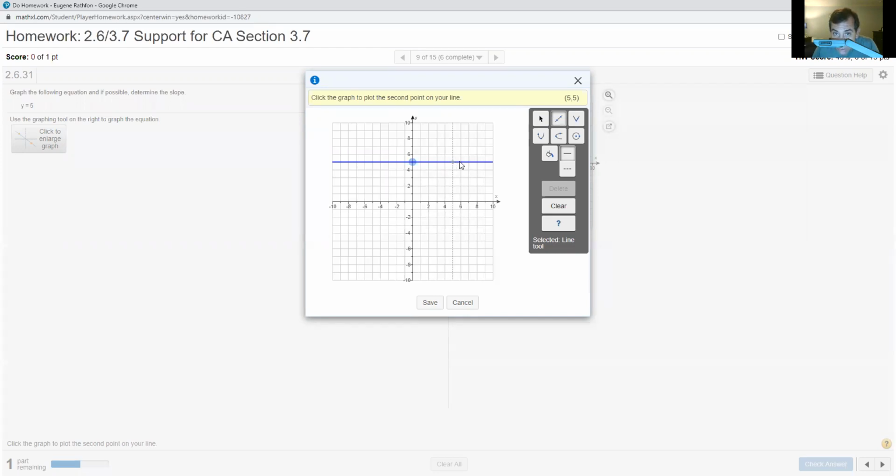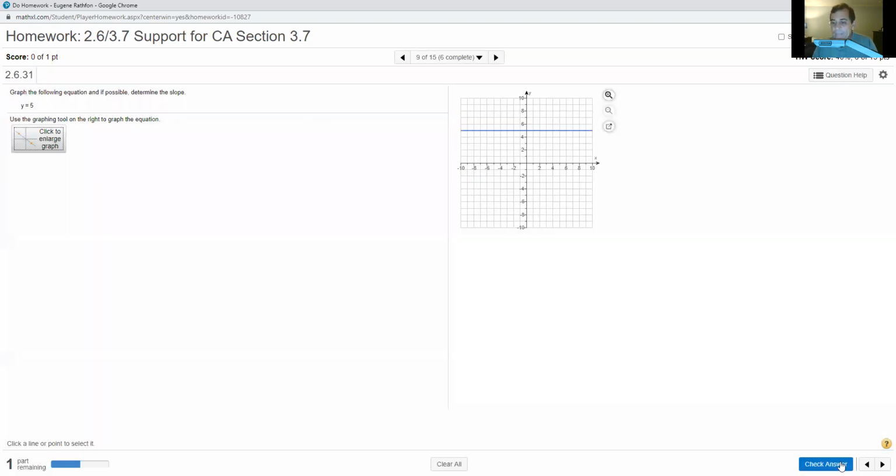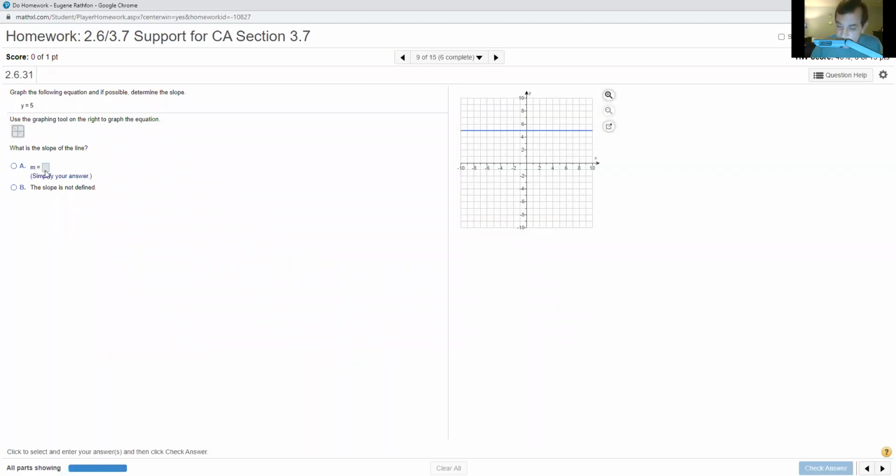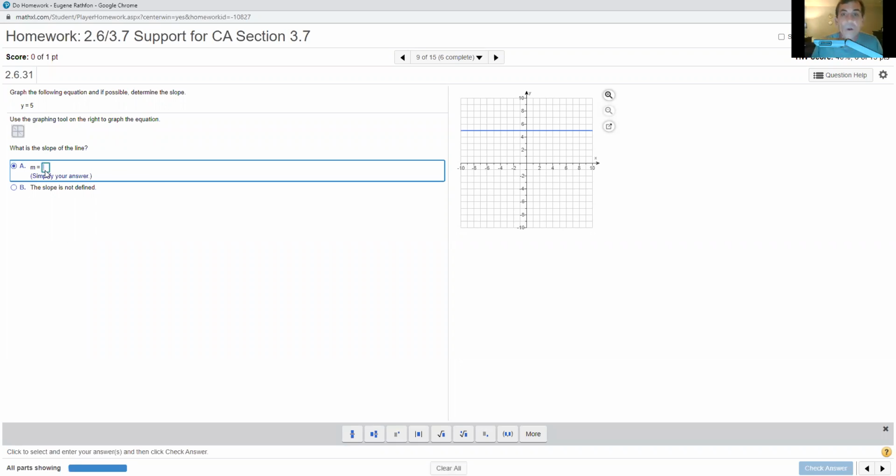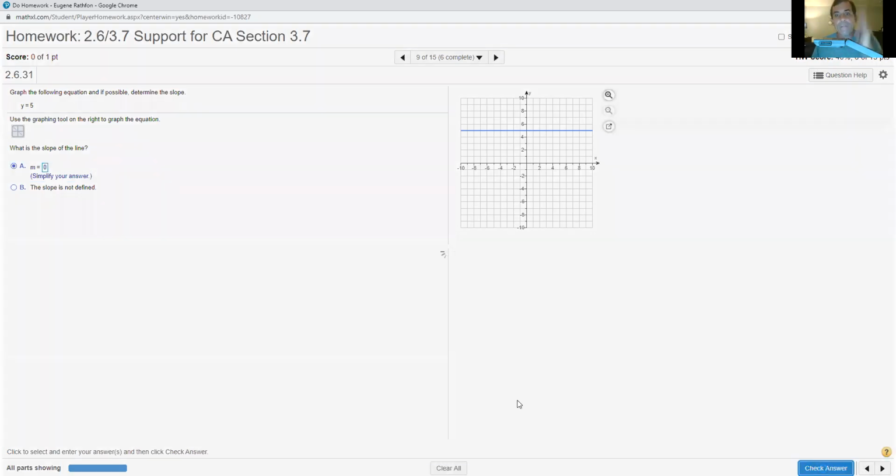No matter where I go, that y value is 5 because I'm on a horizontal line. So we would check that. And then, like I said, our slope is definitely 0. Horizontal lines always have a 0 slope. Vertical lines always are undefined slopes, okay?